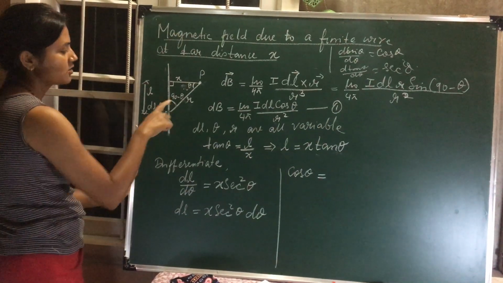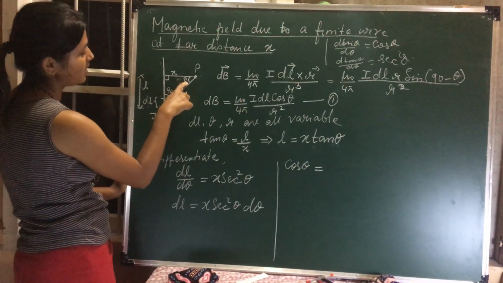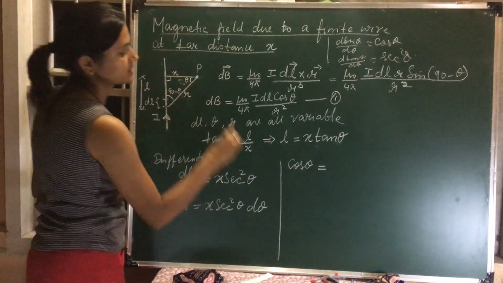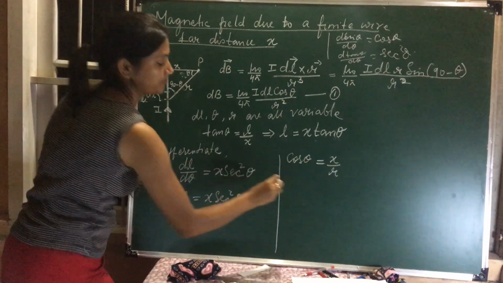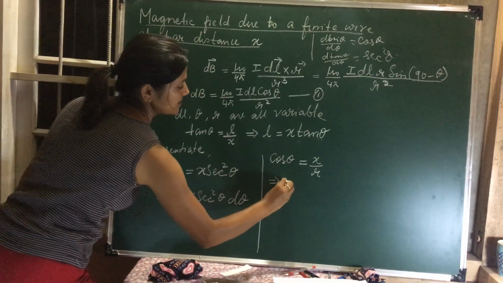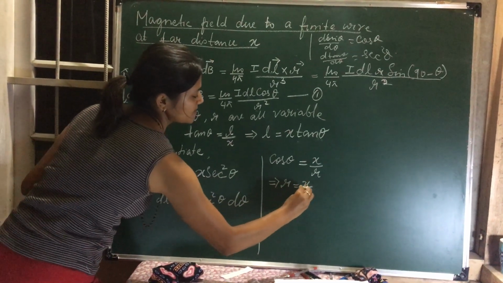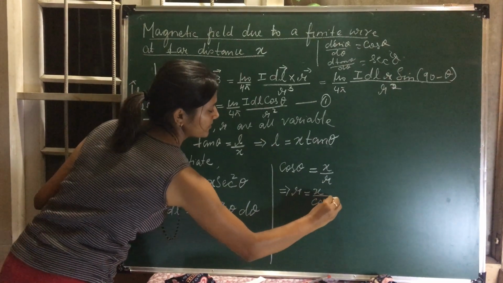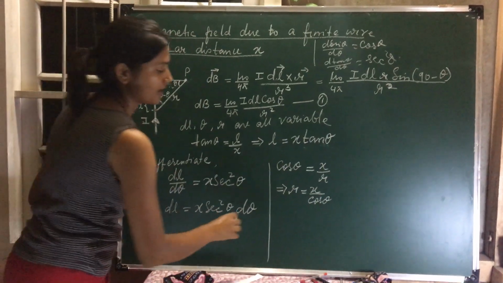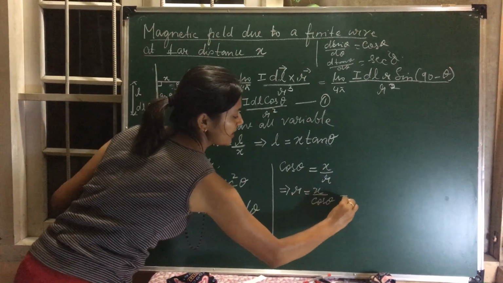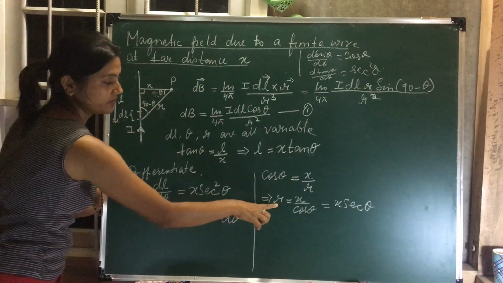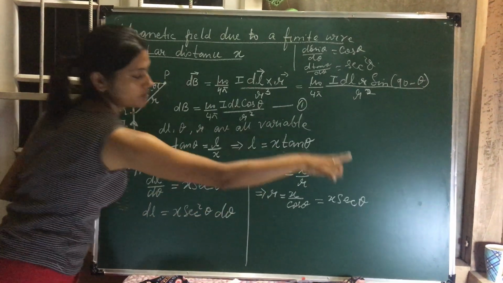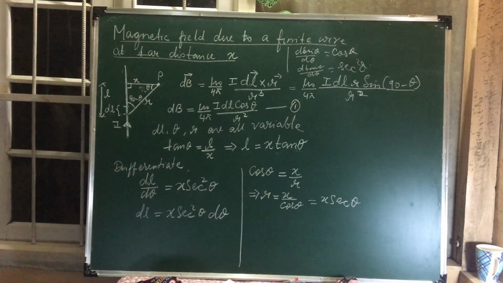Cos theta will be base by hypotenuse, right? x by r. Then this r is equal to x by cos theta, right? Then can I write it as x sec theta. See, I have converted this r also in terms of theta, correct?